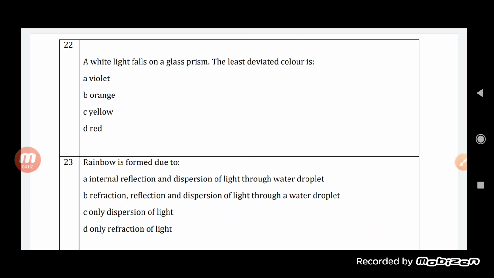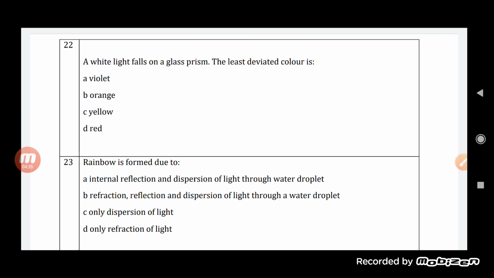Now, a white light falls on a glass prism, the least deviated color is. So when white light falls on the glass prism, we know that it will get split into the 7 colors, and obviously the wavelength varies, and because of that the scattering of the light will also vary.